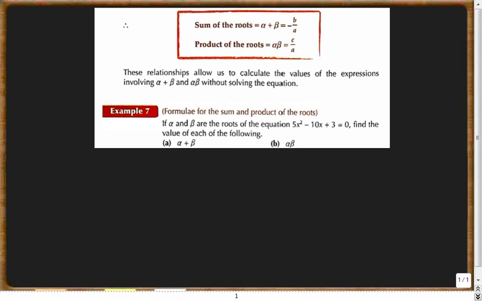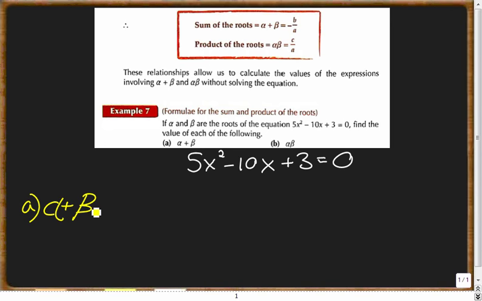We have the equation 5x squared minus 10x plus 3 equals 0. Part A asks, what is alpha plus beta? Well, that is going to equal negative b over a.